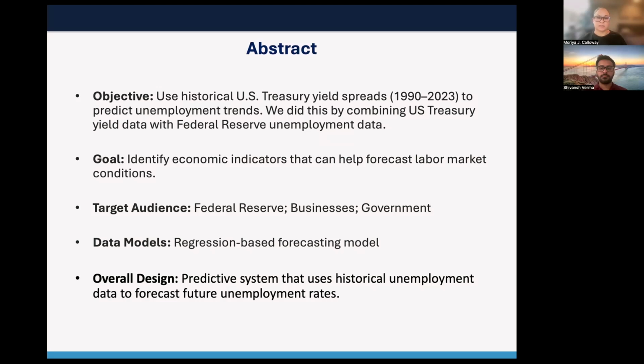The goal is to identify economic indicators that can help forecast labor market conditions. Our target audience were the Federal Reserve, businesses, governments, or anyone else that can use unemployment data for whatever purposes they may have.